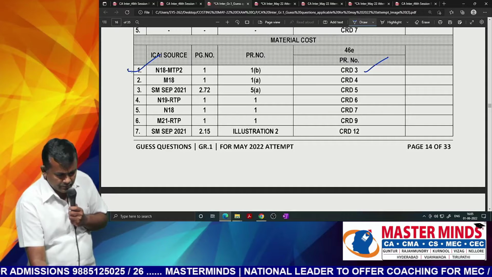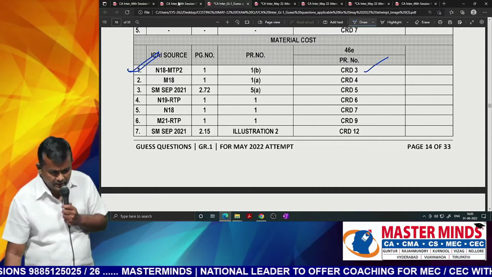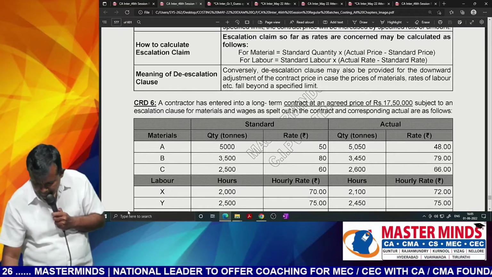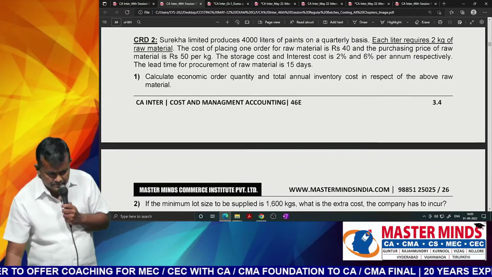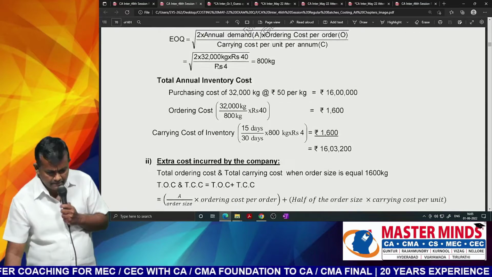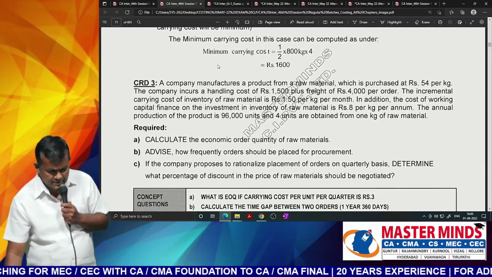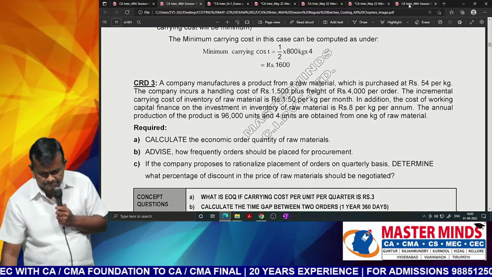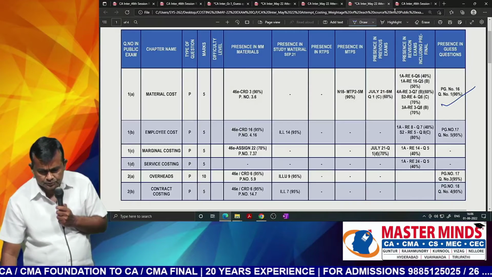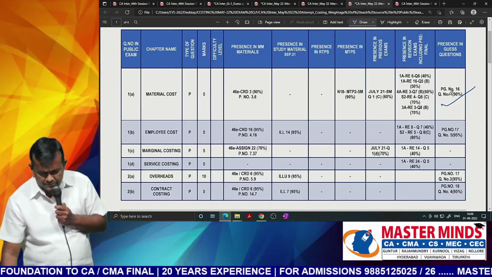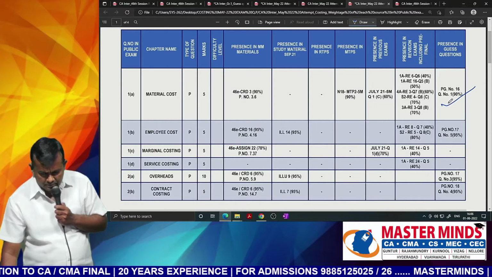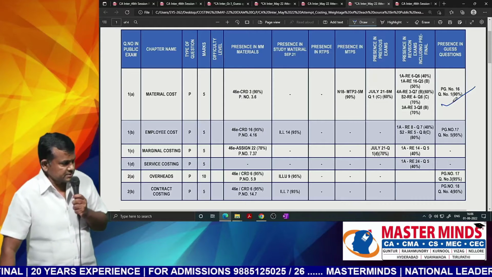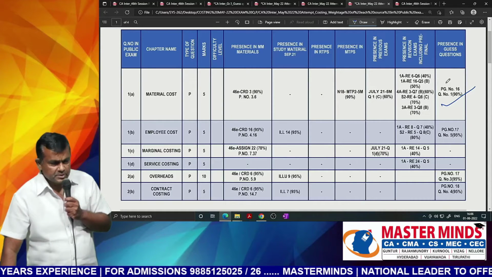CRD 3 in main material is 71. So this is the guess question, sir. Question number 1, 90% means here numbers change.